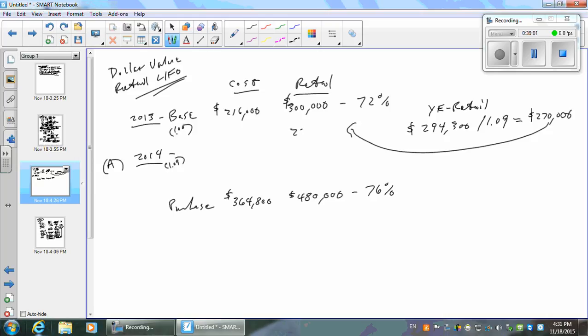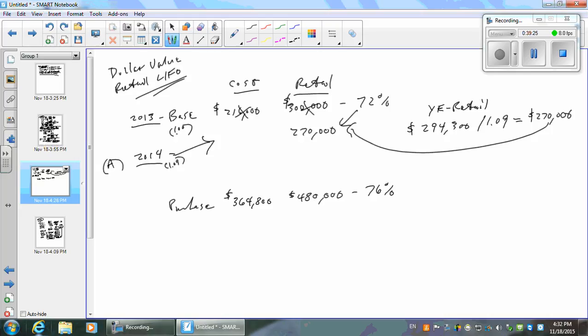It's a negative layer, you guys. I don't have the beginning inventory anymore, all of it, do I? I have 30,000 less. You can take 30,000 times 72% and subtract it from 216 if you want. What makes more sense is, of course, to say that doesn't exist anymore, but these are at 72% because it's not 2014 stuff.